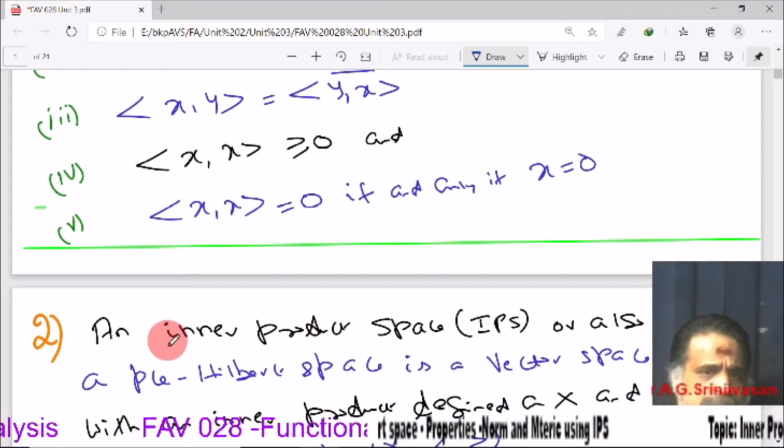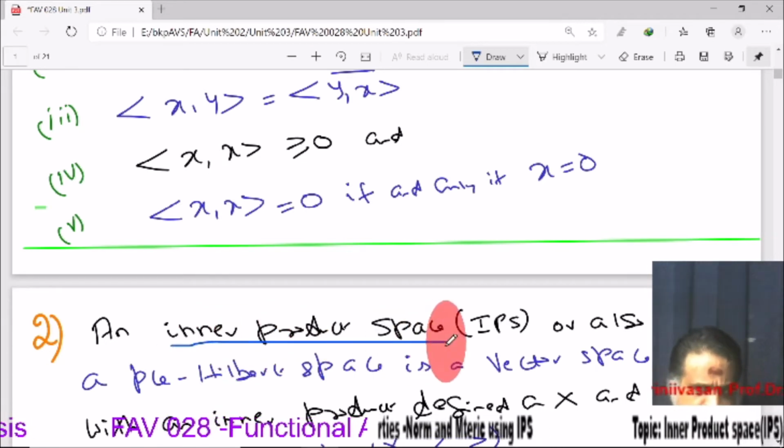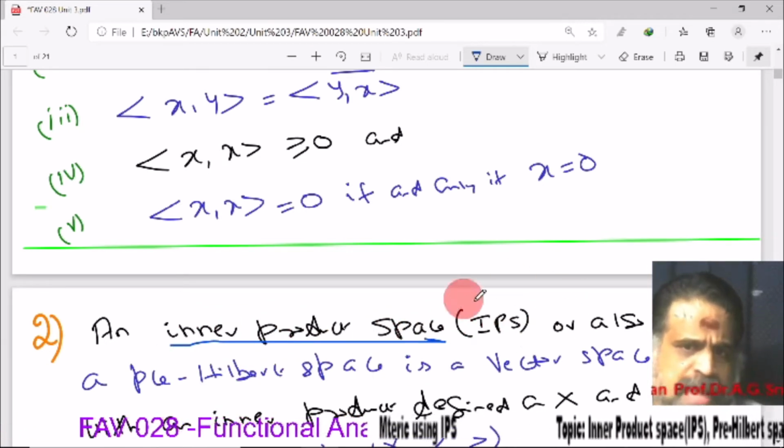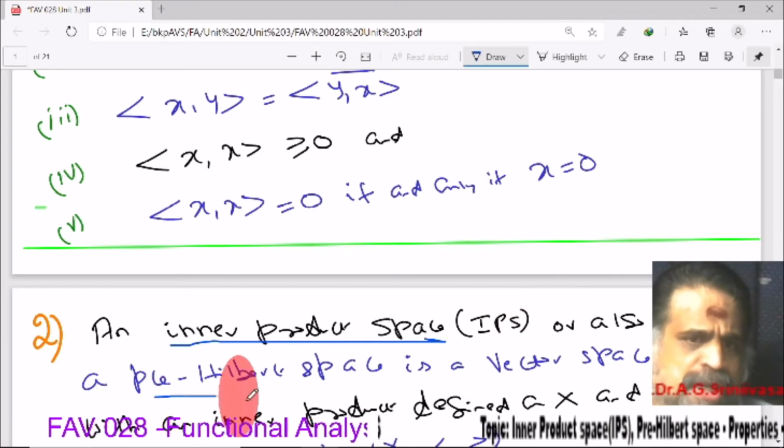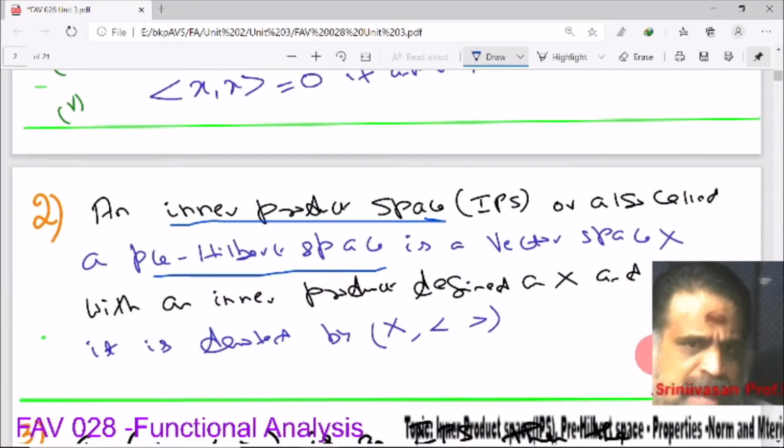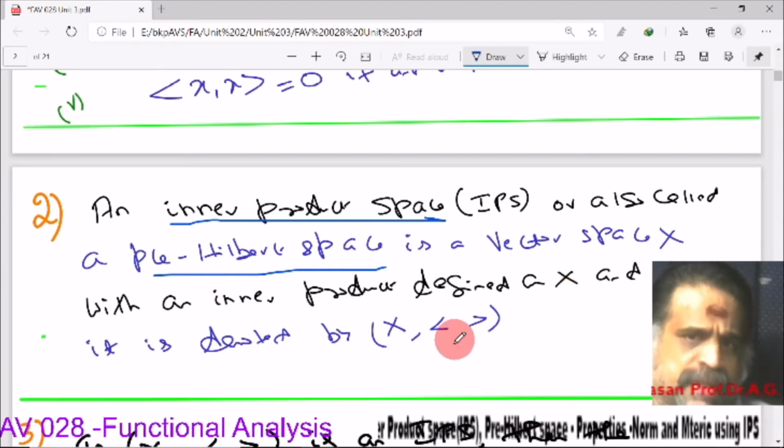Now, an inner product space, also called an IPS or a pre-Hilbert space, is a vector space with an inner product defined on it.